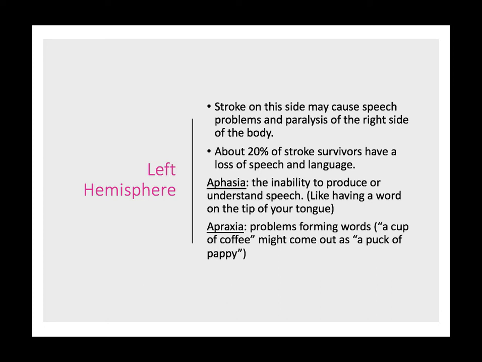So in the left hemisphere, it's going to cause some speech problems and paralysis of the right side of the body. You need to know the difference between aphasia and apraxia. Aphasia is actually the inability to produce or understand speech.